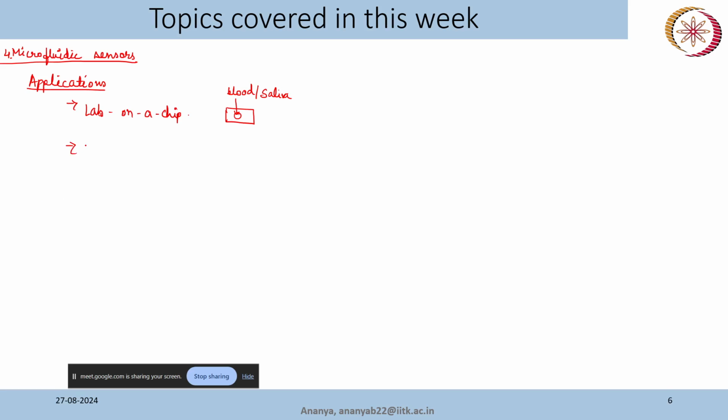Next application is organ on a chip. I hope that you have watched the videos on organ on a chip. These mimic different organs, say a part of our lungs or a part of our liver, so that scientific experiments can be done. They are mainly used for drug testing. Suppose someone is synthesizing a new drug targeted at some liver disease.